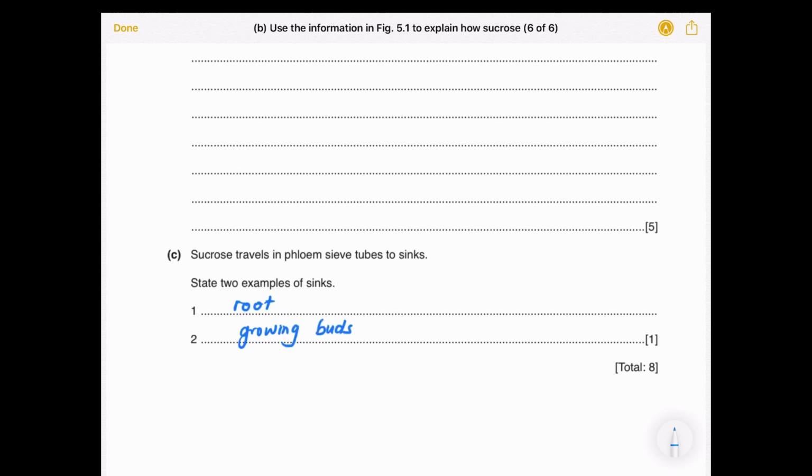So if your buds are growing, they need energy, or your fruits, or your flowers that need sugar for nectar, sugar in the fruit, so they can be a sink as well. Okay, so hope this explanation clears your doubt about how sucrose is actively loaded from the source into the sieve tube element. Thank you.